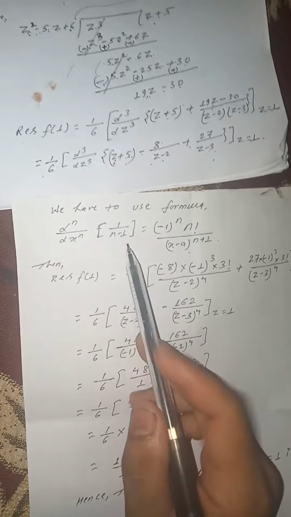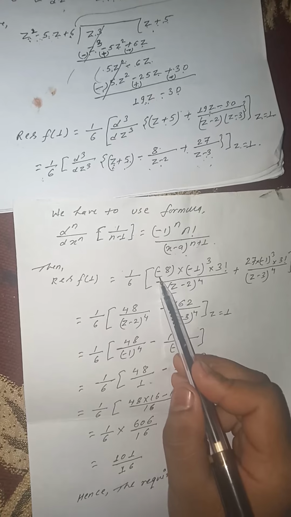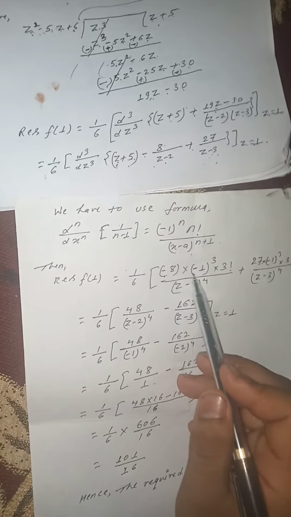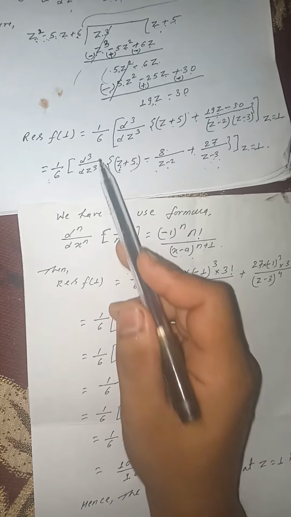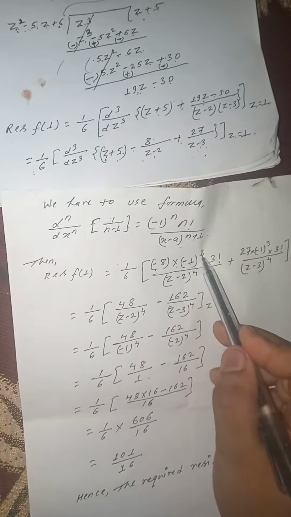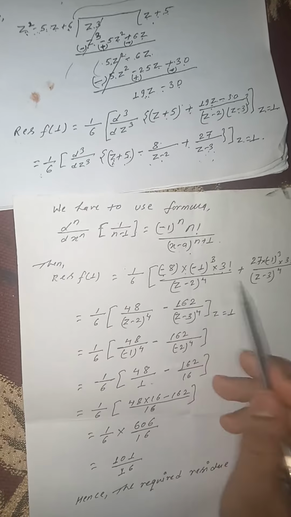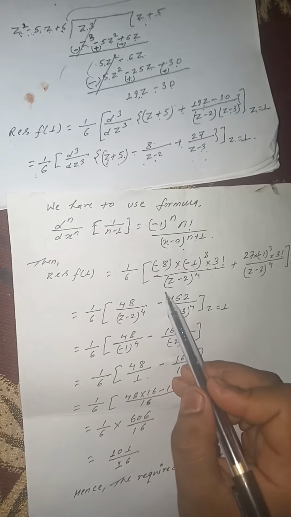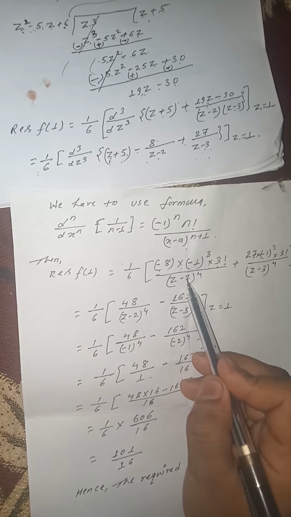To use this formula in this condition, we can take minus 8 as common, and minus 1 power n. What is n? Our derivative order is 3, so minus 1 power 3 into n factorial, n is 3, that's why 3 factorial, upon, in place of x we have z, so z minus a.